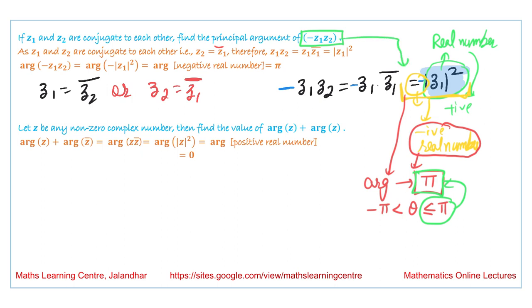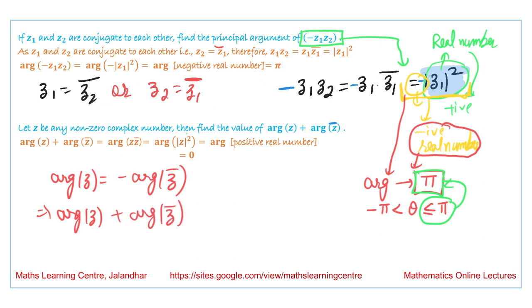Next is: let z be a non-zero complex number, then find the value of argument of z plus argument of z conjugate. So we know that argument of z is equal to minus argument of z conjugate. So this implies that argument of z plus argument of z conjugate is equal to 0.